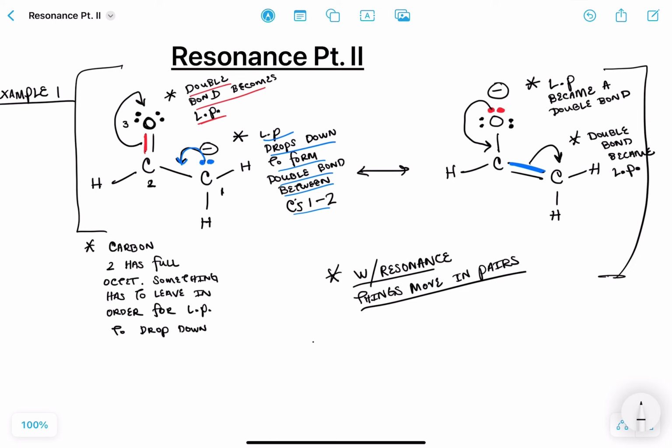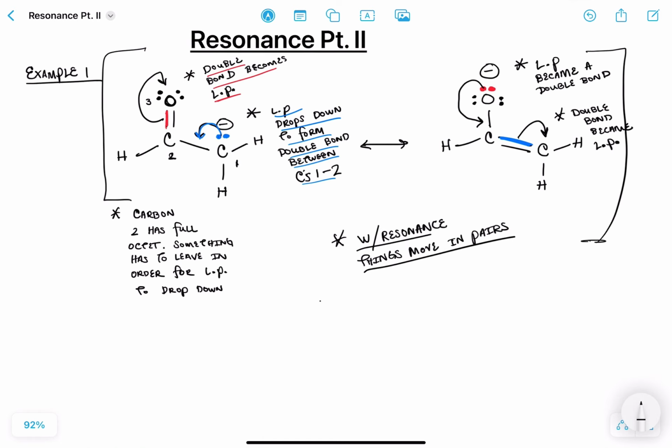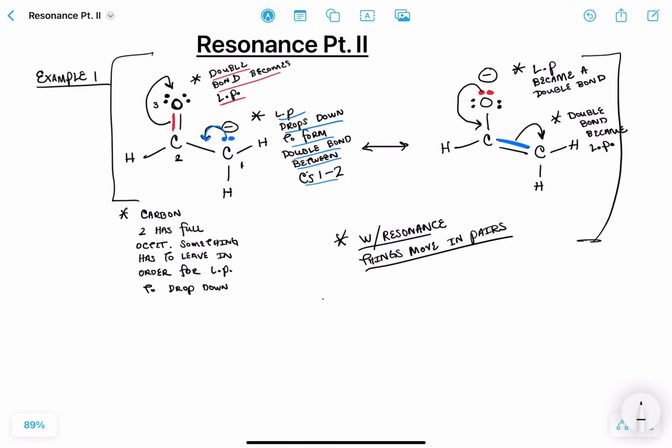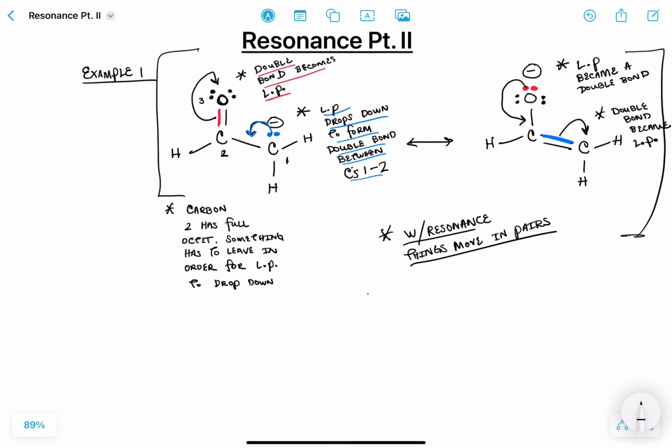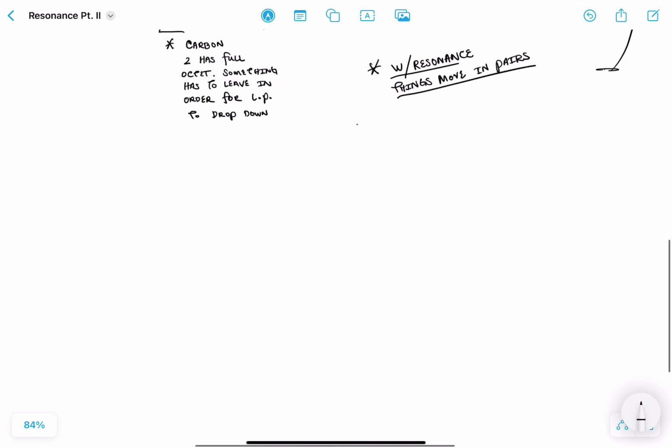Or actually, this would happen first, and then the double bond would become a lone pair. But two things happen ultimately in that resonance structure. And so we're going to talk about what pairs of things essentially happen at the same time. They can change depending on what we have going on. So let's do another example. So we'll say example 2.